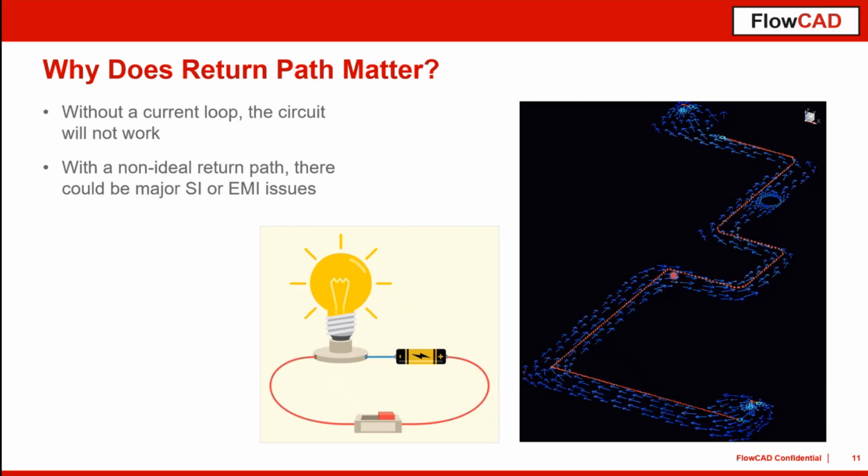And if there's a gap below the traces, the current return path must search its way through your complete design to close the loop. And this could have a lot of bad effects, like picking up a lot of noise when the current return path goes through an unpredicted way through your design, or it can even cause EMI issues.